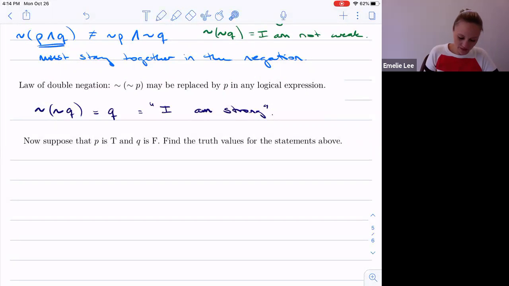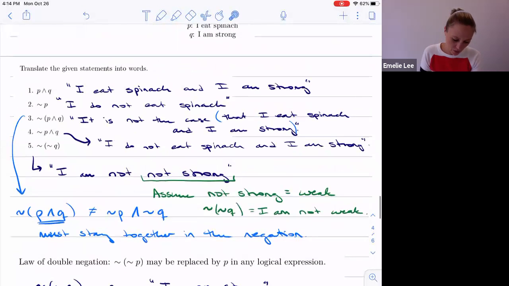So if we have to find the truth values, assuming that P is true and Q is false, what we're going to do is set up a truth table, which means I've got P in one column, Q in another column, and because I know what P and Q are, I can go ahead and find what these things are together.